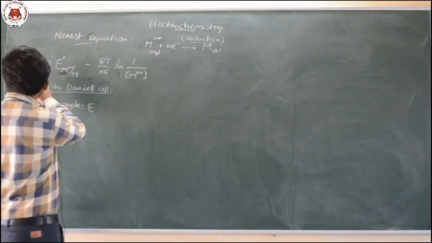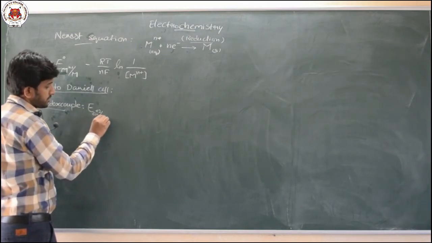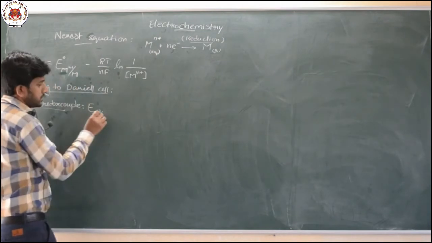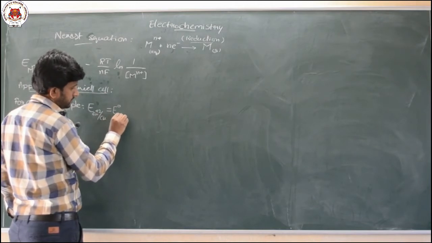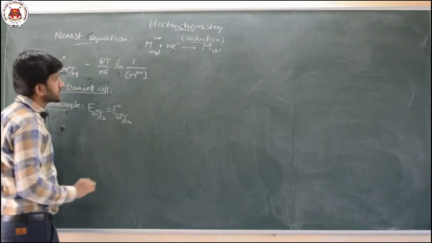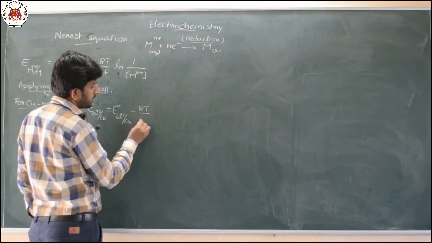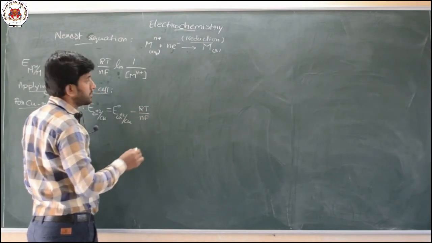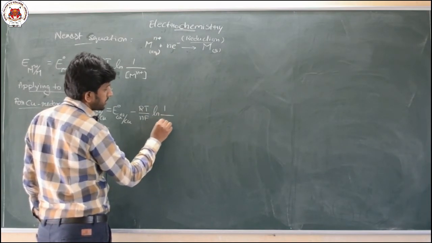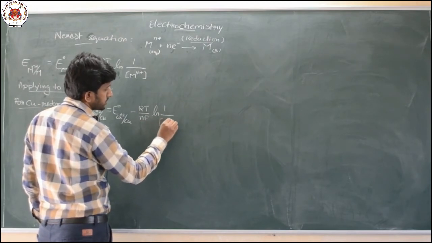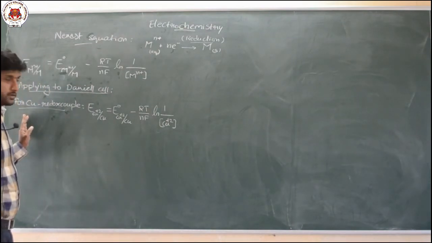Here M^n+ means Cu^2+ ions. E of Cu^2+/Cu is equal to E naught Cu^2+/Cu minus RT by nF ln 1 by Cu^2+ concentration. This is for the copper redox couple or copper electrode.